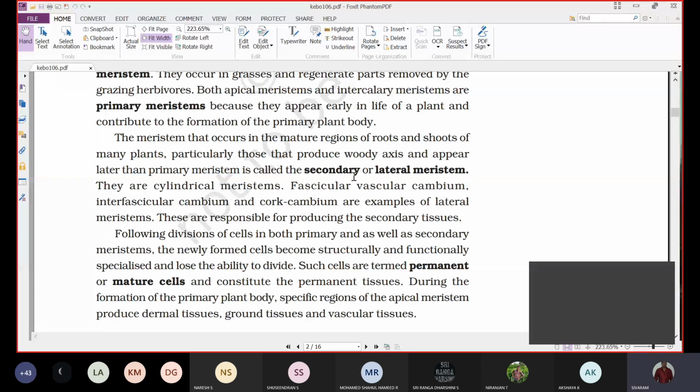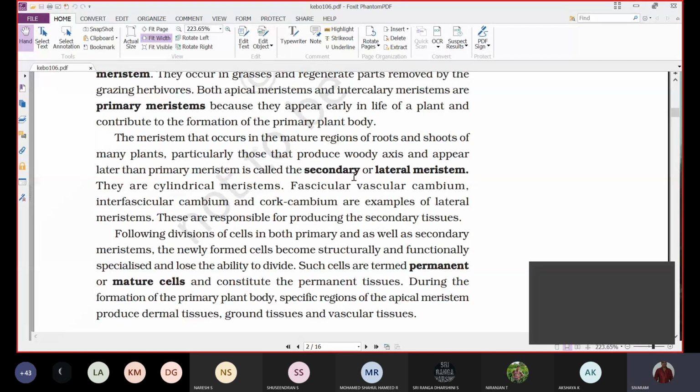As it develops in the later period, we call it a lateral meristem or a secondary meristem, because it is responsible for the secondary growth.